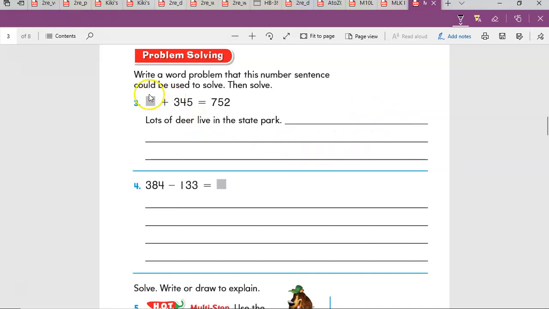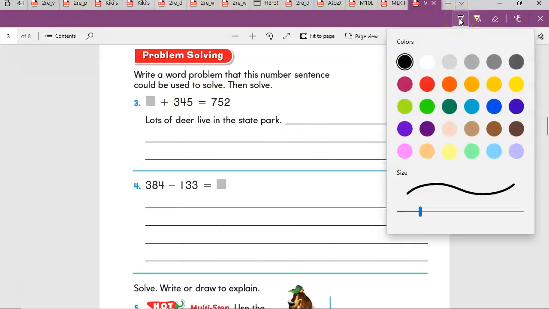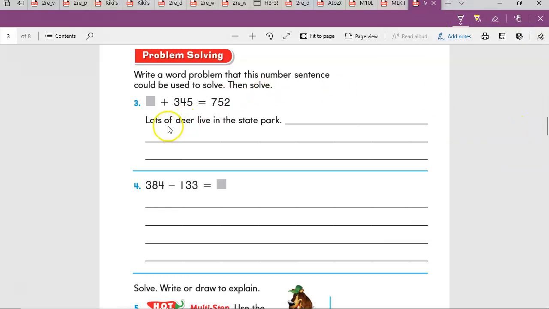How many deer are brown? Because you're doing something plus 345 equals 752, and then you're going to subtract. Okay? You guys want to do that one together? Let's take a vote. If you want to do that together, raise your hand. Okay. Lots of deer live in the state park.